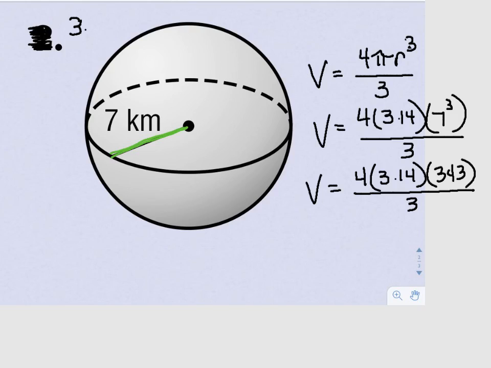Okay, now let's multiply. 4 times pi times 343 equals 4,308.08, and then we'll divide that by 3.